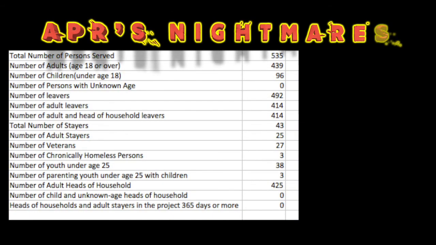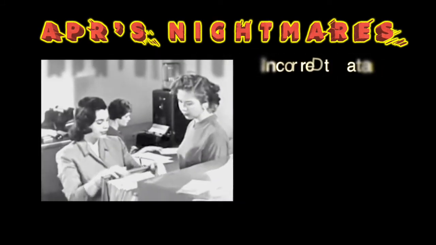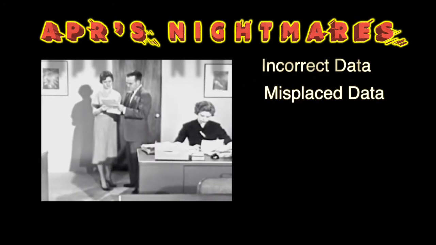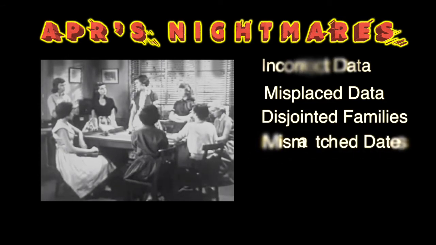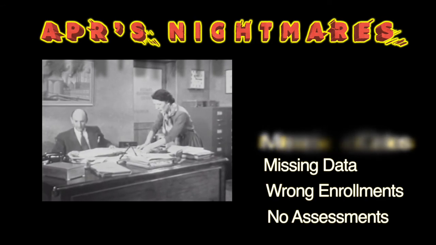One of the main problems we see with APRs is that data doesn't get entered correctly, or is entered in the wrong spot, so your program doesn't get credit for all the amazing work that you're doing. I'm going to highlight some of those issues for you today so that you can keep an eye on them in future and correct them as they happen rather than after they're submitted to HUD.